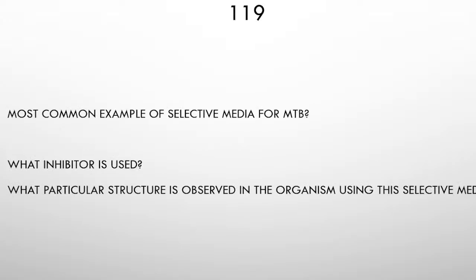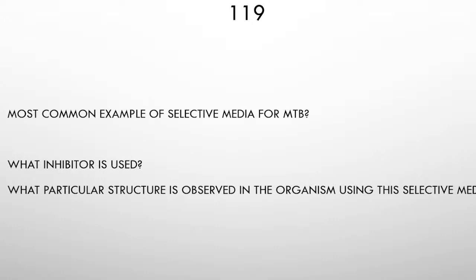Okay? Now, what are the common examples of selective medium for Mycobacterium tuberculosis? Since we're talking about selective media, there are two types. The most common one is Lowenstein Jensen agar or your LJ agar. What is the inhibitor there?